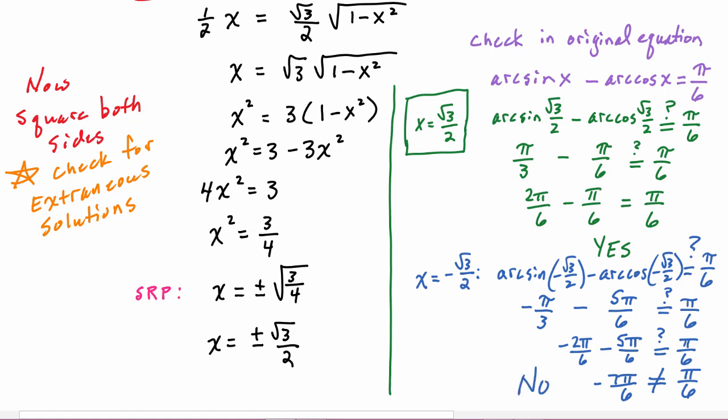So this is a no, and we have to throw this solution out as extraneous. So the only answer that works in this case is x equals positive rad 3 over 2.